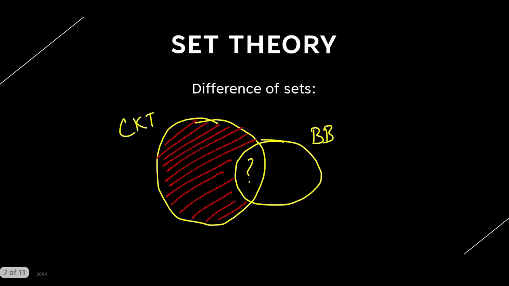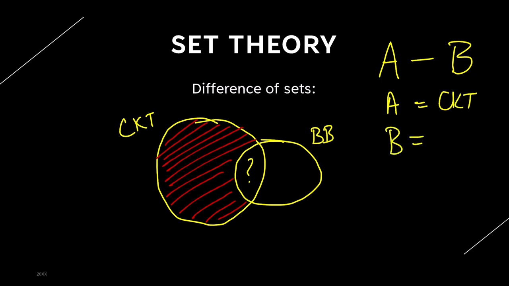Now, difference of a set. A minus B, where A is cricket and B is basketball. Now, what does A minus B mean? A minus B means all the students who play cricket, but they should not play basketball. Means all the students should play only cricket.